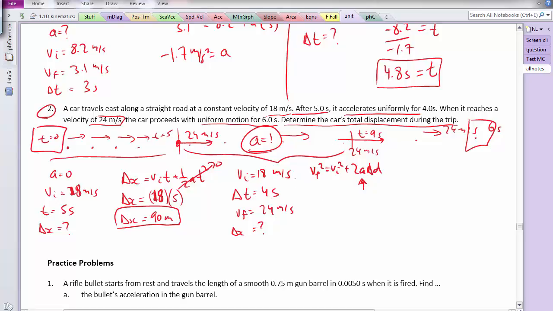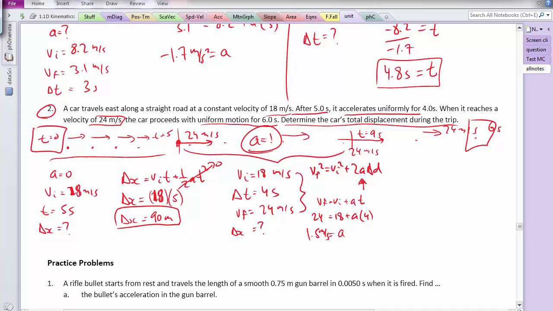We need to use v final is equal to v initial plus a t. V final is 24, v initial is 18 plus a times t, which is 4 seconds. When you solve for acceleration, you get 6 divided by 4.